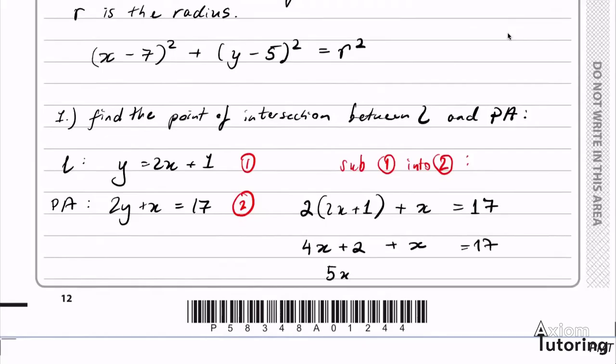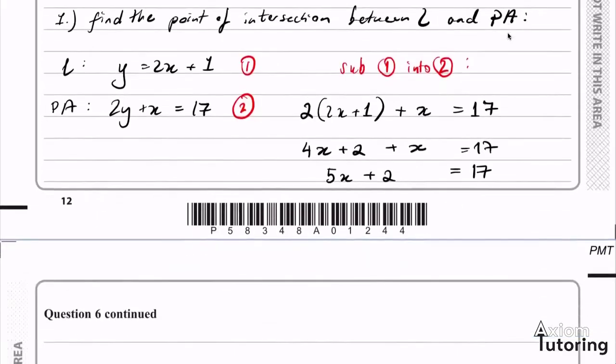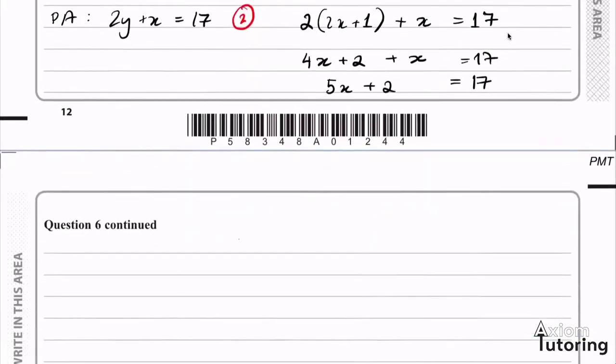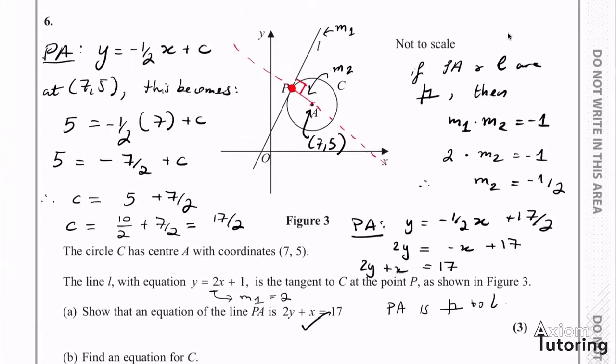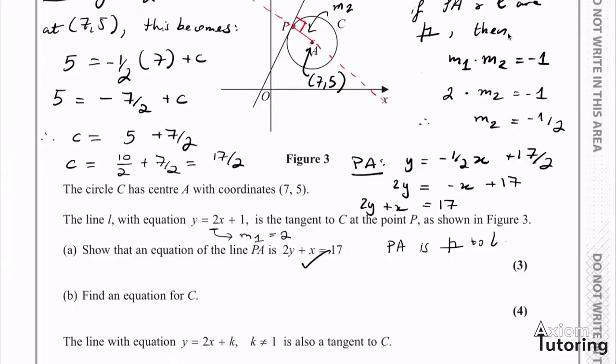Then we get 5x plus 2 equals 17, so 5x equals 17 minus 2. That's just 15, and therefore x equals 15 over 5, which is 3. So our x coordinate for our point P is 3.